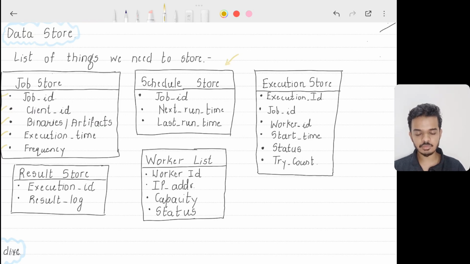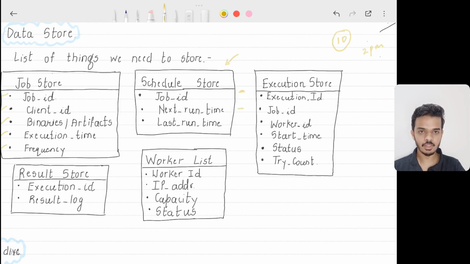It picks the jobs that are going to be run next, and it will save the job ID and the next run time, the short period of time in which it is going to execute the job. It will need that next run time. Let's say it was scheduled at 10 a.m. in the morning, and after 10 a.m. it is to be executed at 2 p.m.